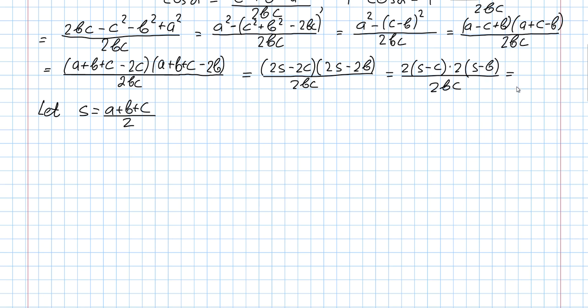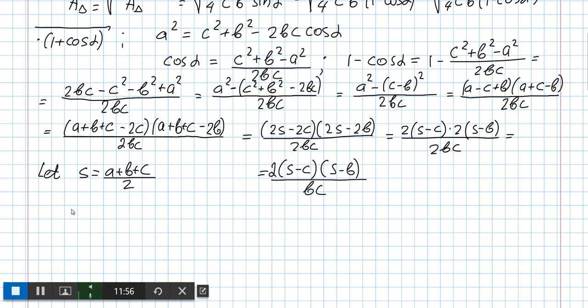So one 2 will be cancelled, and I will have (S minus c), another 2 here, (S minus b) divided by bc. So I will just circle this.